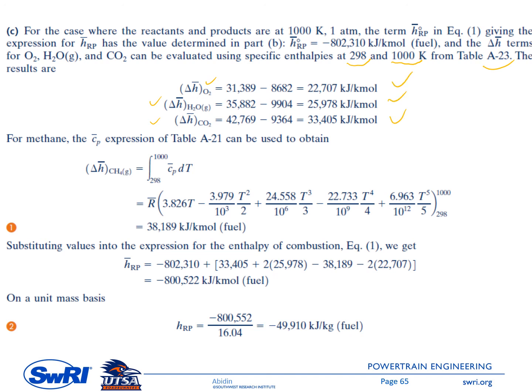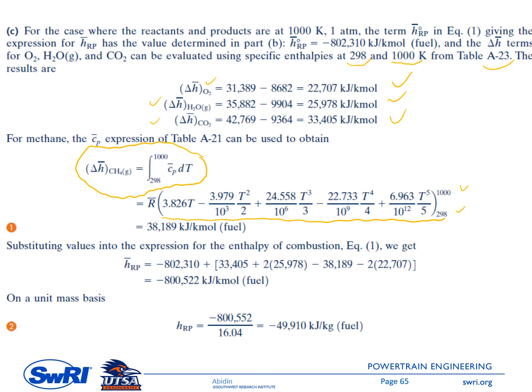And then for methane, I believe the delta H is not available. You can use this formula to estimate delta H for methane. In this case, we use the Cp expression from table A-21. So using this one, you just plug in the two temperatures here, 1000 and 298.